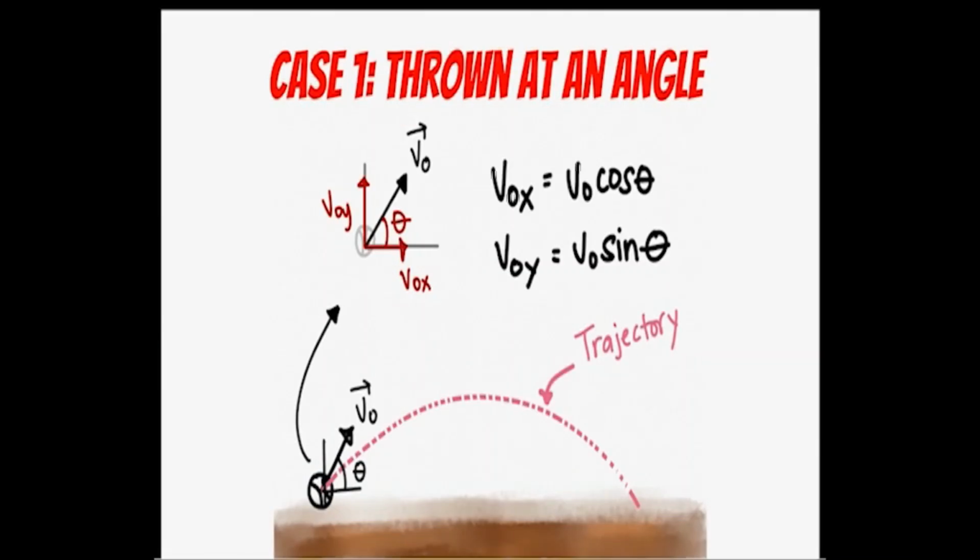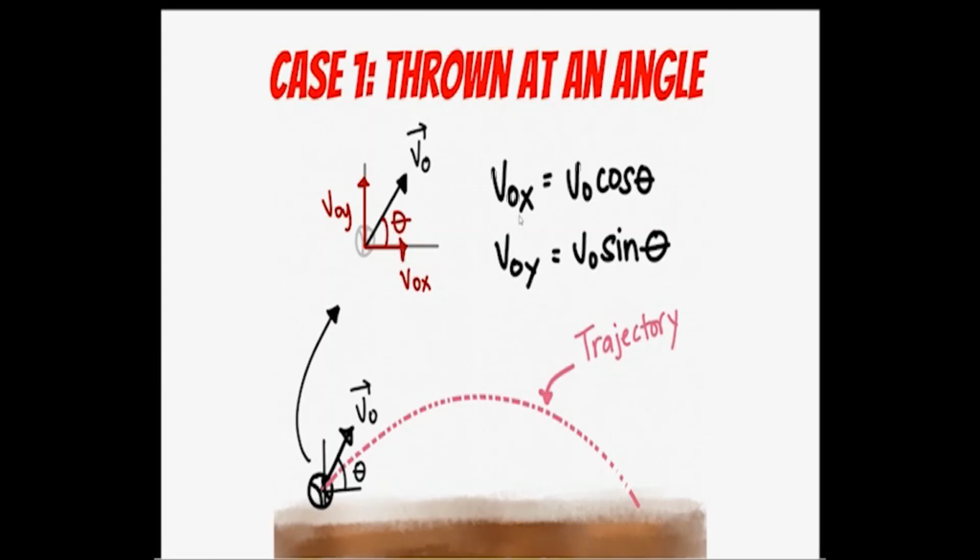The first case in projectile motion is when the projectile is thrown at an angle. Okay? So just like this one, this ball is thrown at a certain angle represented by theta. Now, if this black arrow here is the initial velocity vector of our ball, it has the following components.